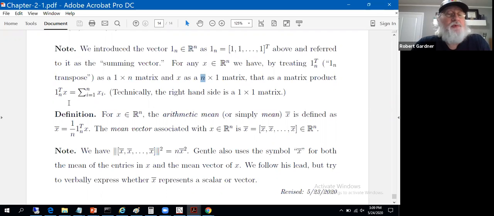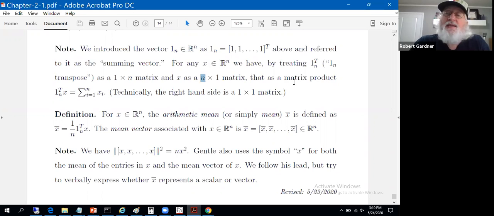That matrix product, or if you like, it's really just a dot product. It leads us to sum these things. And that's the reason it's called a summing vector. We'll take 1n transpose, that'd be 1, 1, 1, 1, 1 times x, column vector x1, x2, x3, x sub n. What we get by doing that computation would be a sum of those x sub i's.